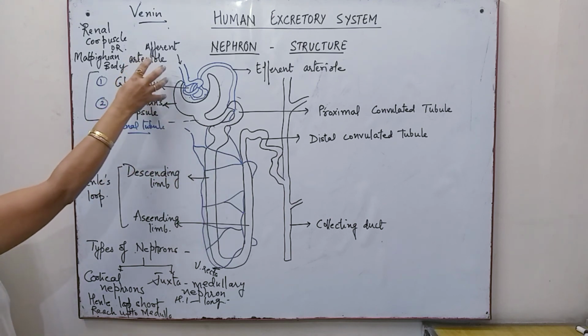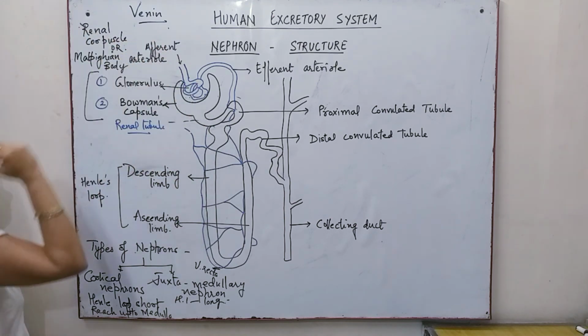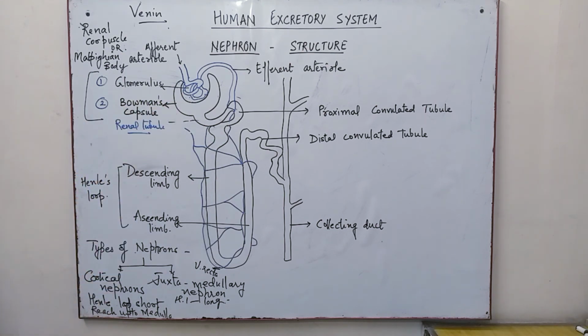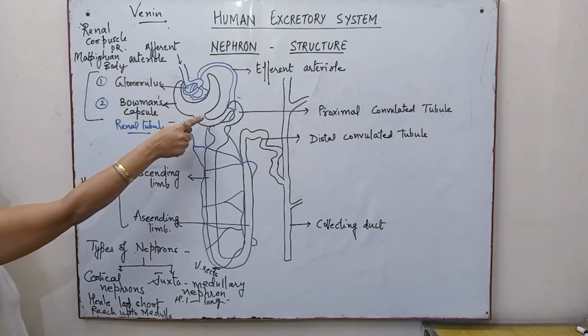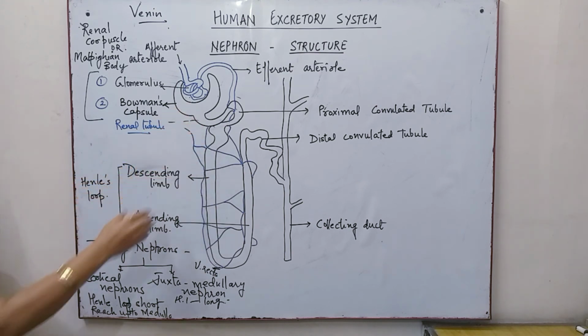The glomerulus consists of an afferent arteriole and an efferent arteriole. The efferent arteriole has a lesser diameter as compared to the afferent, because the blood will flow with great pressure, and this great pressure enables the proper filtration of the urine.